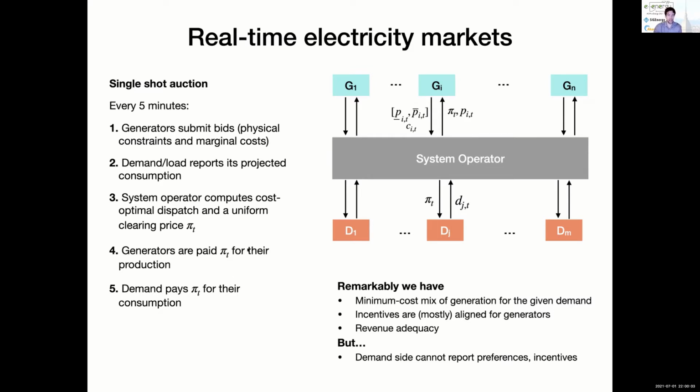However, it's recognized more and more now that the demand side doesn't have mechanisms or incentives to report its preferences about how much it can consume. As consumers, we're obviously shielded in large part from the variability in electricity prices, and therefore have no way to report what our elasticity is.